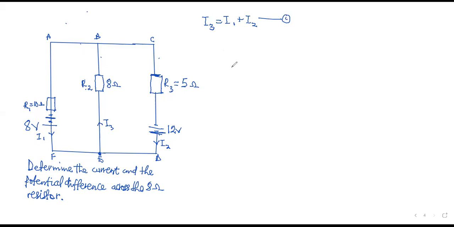Then choose as many loops as possible. Maybe I want to follow the direction of current flow.